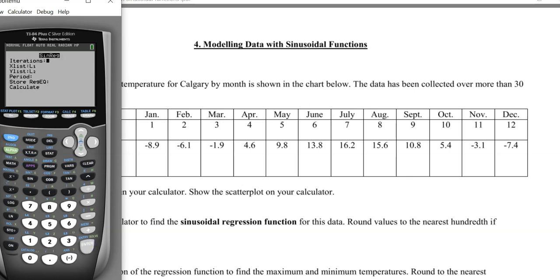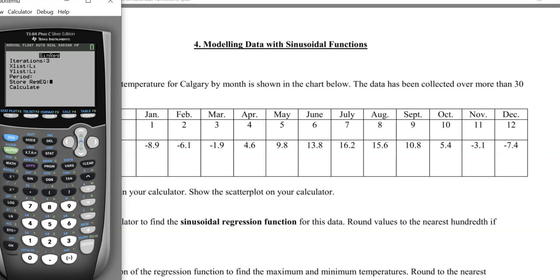Now, depending on the calculator you have, you either see a screen that looks like this, or you just see sine reg and then an open parenthesis. If your screen looks like this, we'll take all of the defaults. So all we do is go down to store regression equation. We're going to let the calculator do all the work.